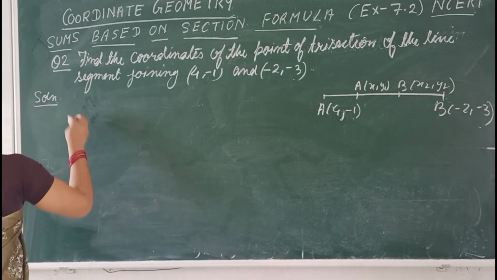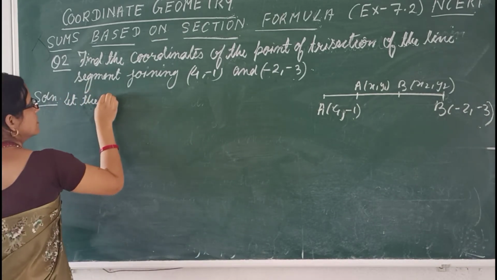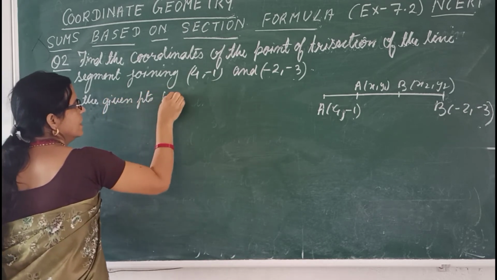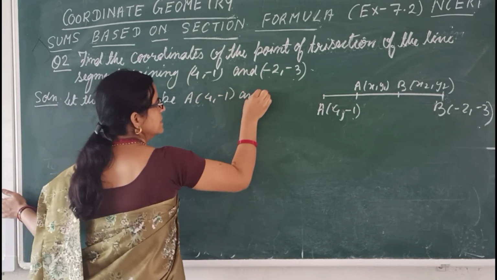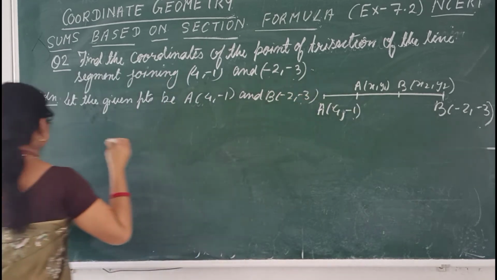So let us start. Let the given points be A (4, -1) and B (-2, -3).